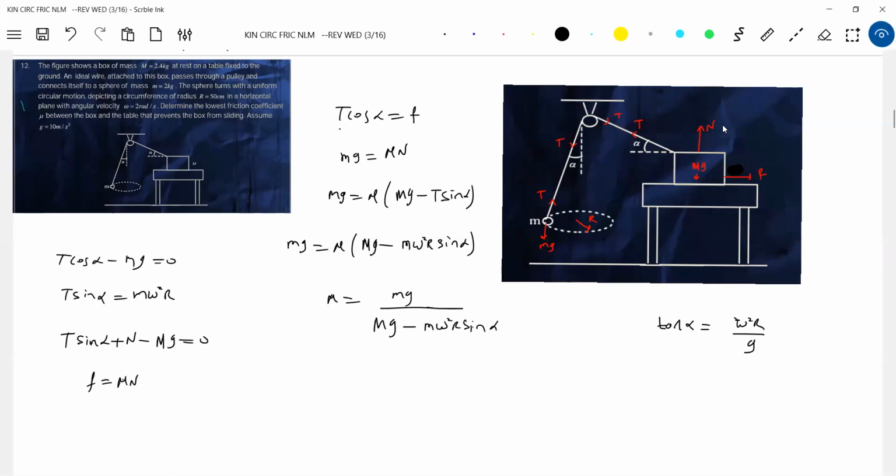Okay, now what is being asked, sir? Lowest friction coefficient. Why is the lowest brought in here? Do we have to think anything further, or is this sufficient? Static friction, no, sir.